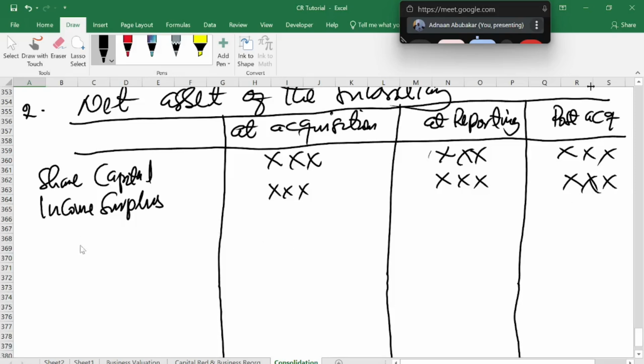You understand? Because maybe when you came to acquire the company, you acquired the company on 1st January 2024. At the end of December 31st, 2024, what is the income surplus? When you acquire the company, maybe the income surplus is 40 million. At the end of the accounting year, the subsidiary might have gone on to trade after acquisition.